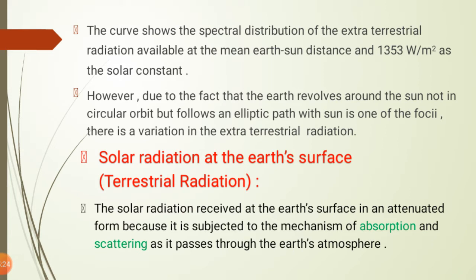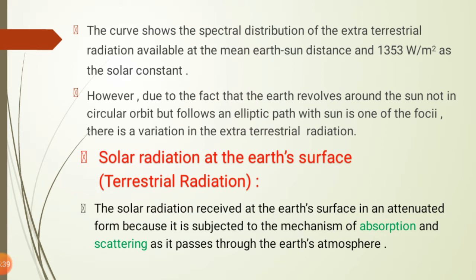The solar radiation received at the Earth's surface is in an attenuated form because it is subjected to the mechanisms of absorption and scattering as it passes through the Earth atmosphere.